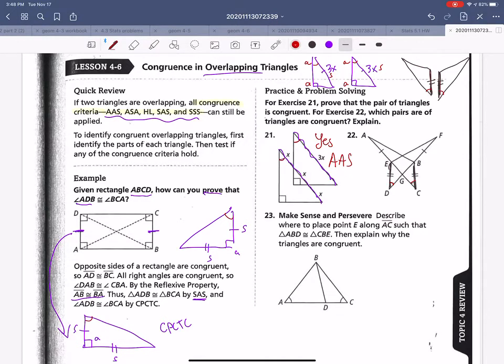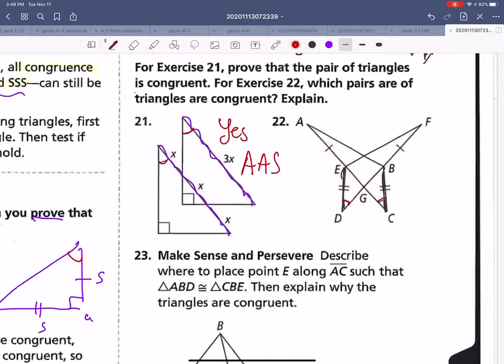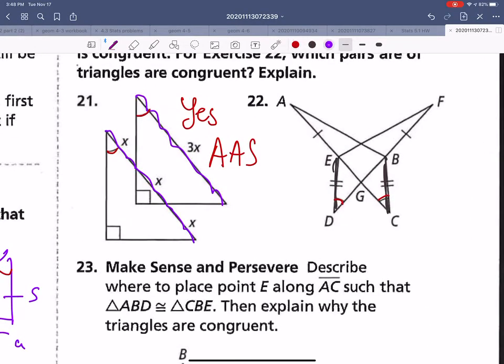And then I'm not sure, but if I zoom in, I think I can prove another part of this.